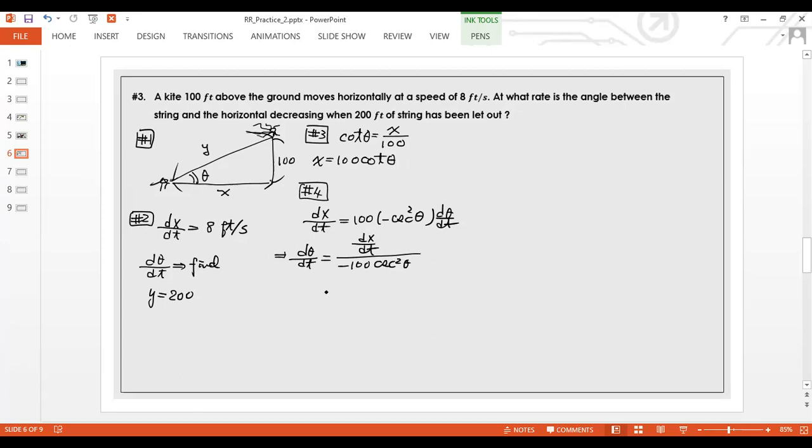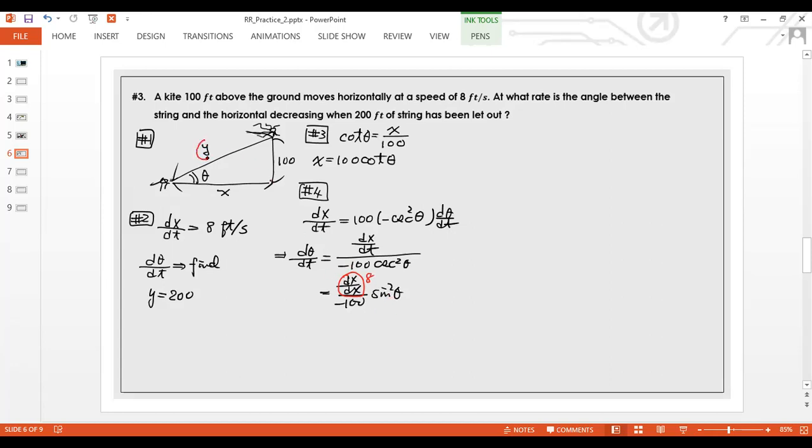So now in here we can put in dx/dt. The negative 100 cosecant really is sine squared theta, right? So dx/dt is what? It's 8, right? And then the only thing I have left is the sine theta here. So I want to find the sine theta.